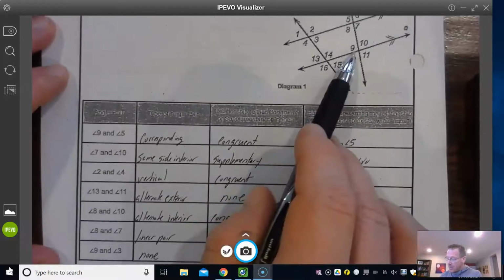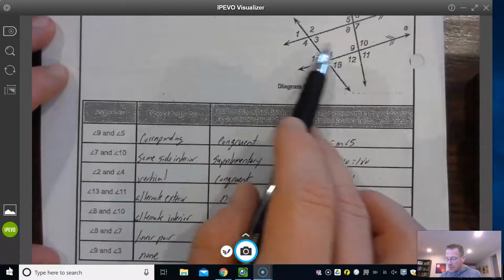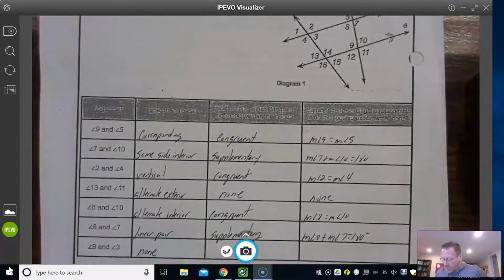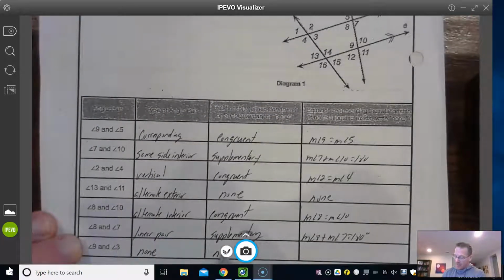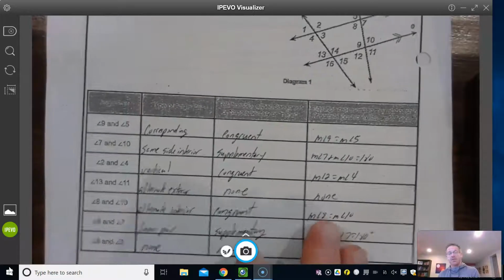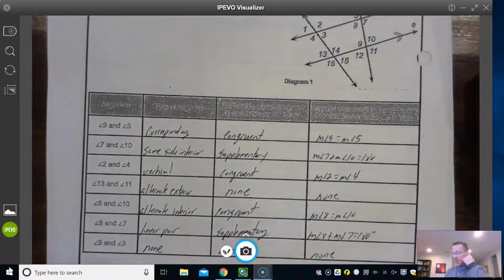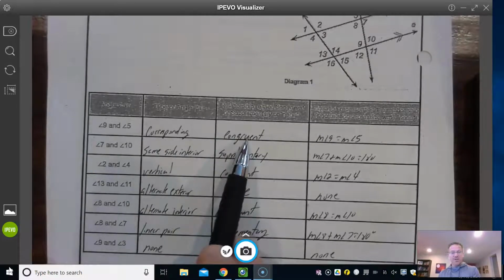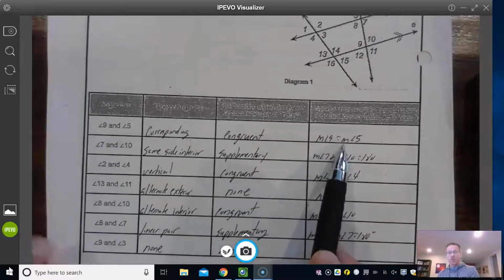And 9 and 3: there's no transversal that intersects 9 and 3, so there's no relationship there. The idea here is that you're going to use these ideas to set up your equations and solve. We want to identify the types of angles, identify the relationship, and then that allows us to write our equation and solve.